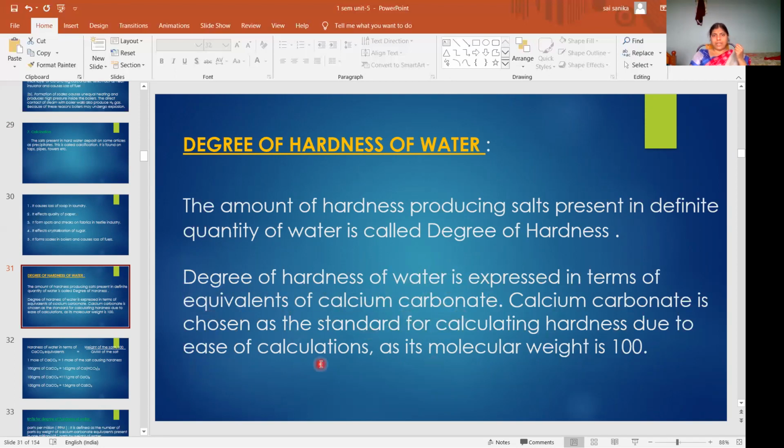Due to ease of calculations, as its molecular weight is 100. We calculated the molecular weights in the second unit, okay? So as its molecular weight is 100, it is very easy for calculations. That's why we choose this as the standard for calculating hardness, okay?